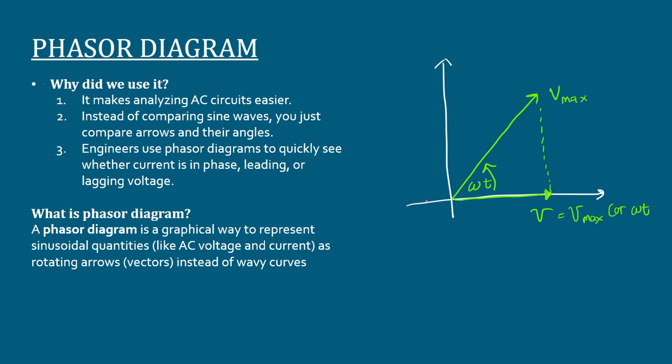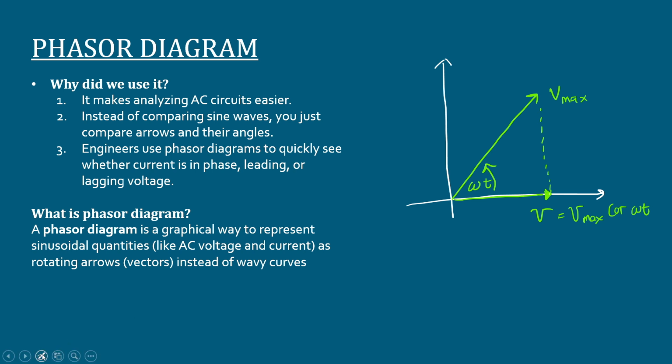Hands-on, we will learn about how this Vmax will be different for each kind of component in a circuit. For example, in a resistor, the voltage will be different in phase compared to the inductor and capacitor.